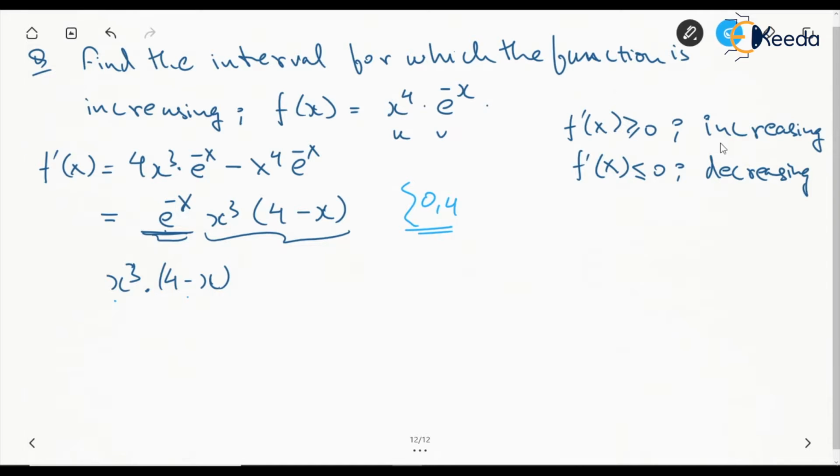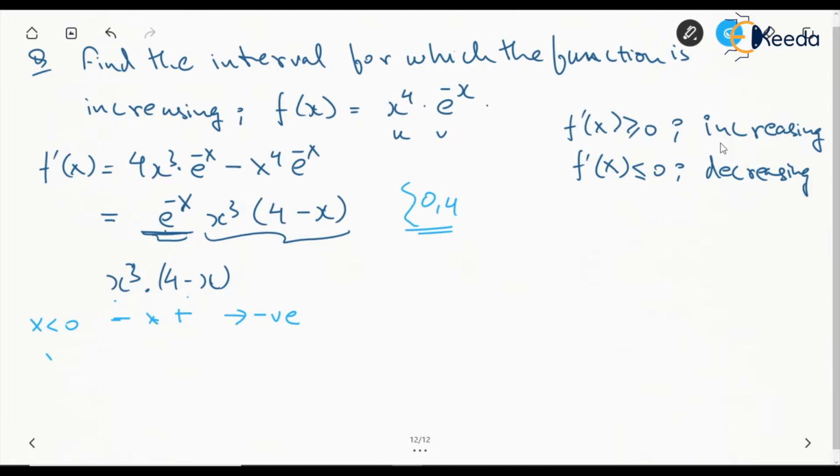So for a value x less than 0, x cube will be negative and 4 minus x is going to be positive. So ultimately the product of negative and positive will give you negative.